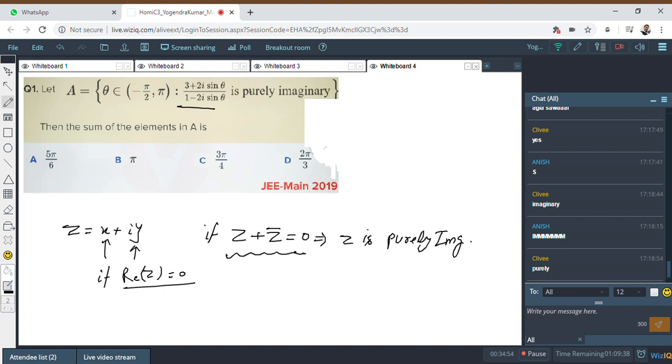Anish, got the idea now? You're doing it correctly? Good, continue. Get the answer. I want the correct answer this time from both of you in the first attempt, and we need to avoid mistakes like I made in the previous question.